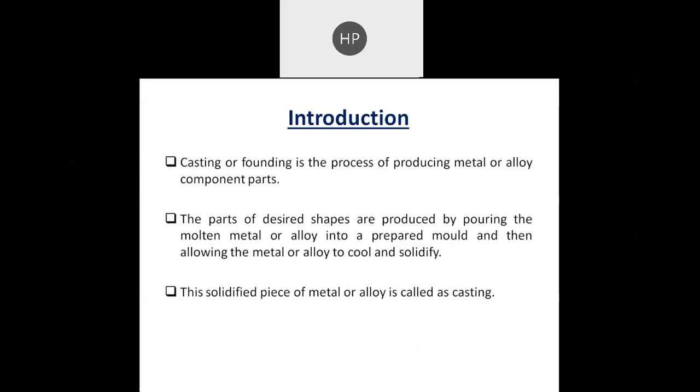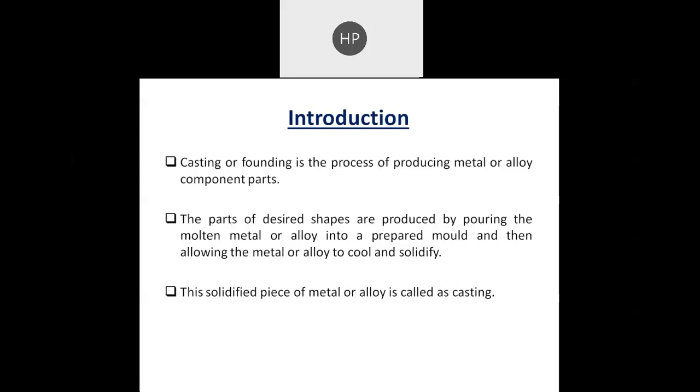The important thing to note here is that whatever the material from which we are going to produce a product, that is converted into molten metal, and then it will be poured. Where will it be poured? It will be poured into a hollow cavity.